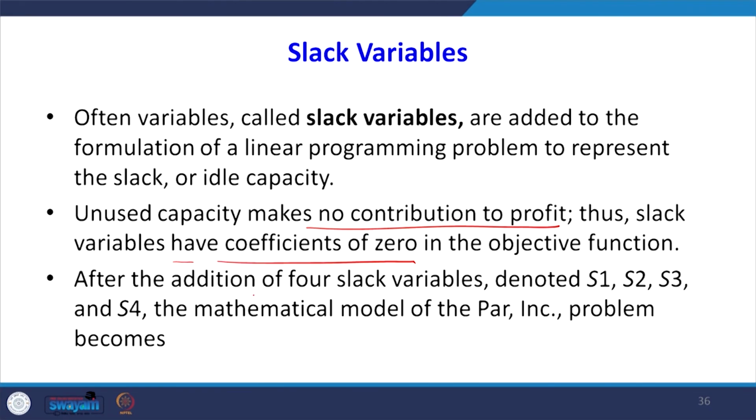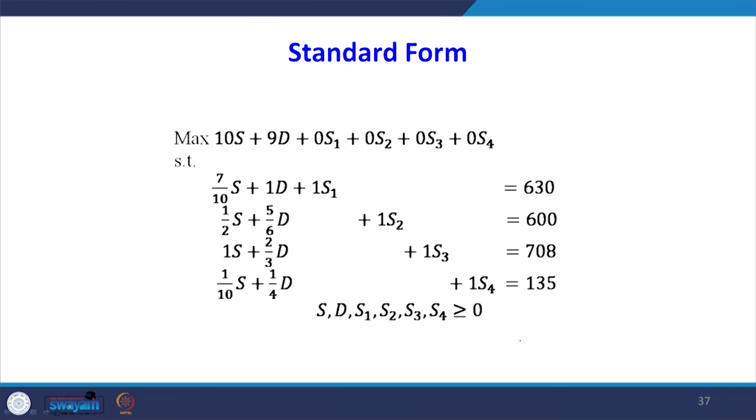After the addition of 4 slack variables denoted as S1, S2, S3 and S4, the mathematical model of the problem becomes like this. See that we have added plus S1, plus S2, plus S3, plus S4 and an equal to sign.